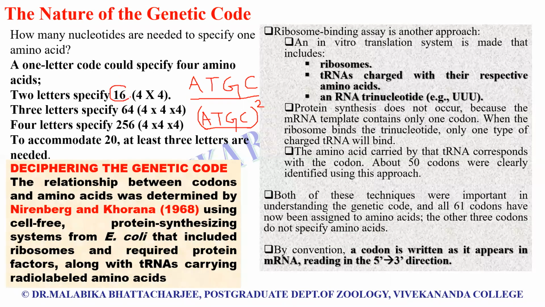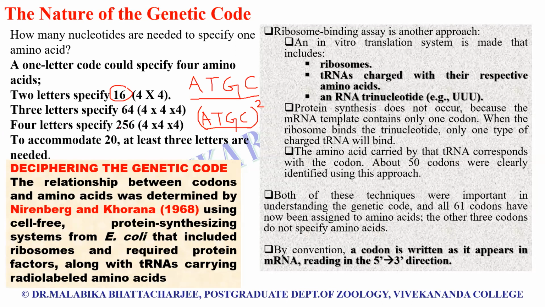So if any two letters specify one amino acid, then we get 16 amino acids. But what we just saw is that in nature, there are 20 amino acids. So obviously, a combination of any two bases is not giving rise to a single amino acid. That combination is not working.